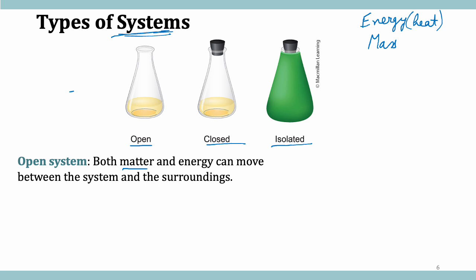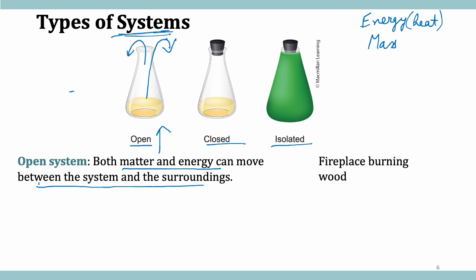So when both matter and energy can move between the system and surroundings, that is called an open system, meaning it's open to the surroundings. Mass can transfer, mass means matter, or heat can also transfer between the system and surroundings. That is called open. An example is a fireplace. When wood burns in the fireplace, let's say that wood is my system, but when the wood burns, heat is given to the surroundings at the same time.